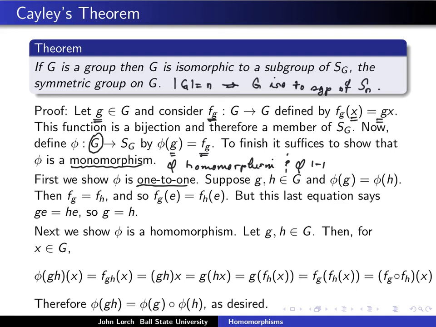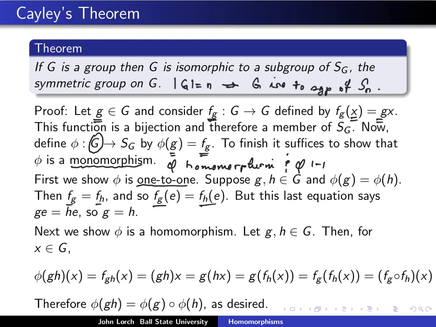So suppose you have two elements in the group and phi of g is equal to phi of h. That means that these associated functions, f sub g and f sub h, are equal. And that means that when you apply them to the identity, the results must be equal. But remember, f sub g of anything just multiplies by g on the left, and the same thing with f sub h.